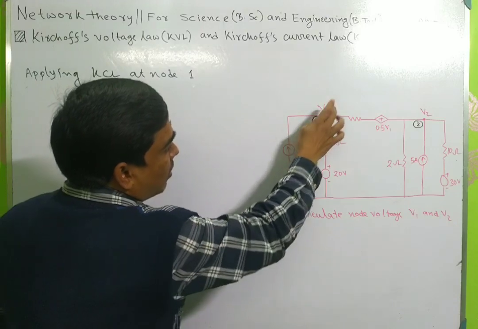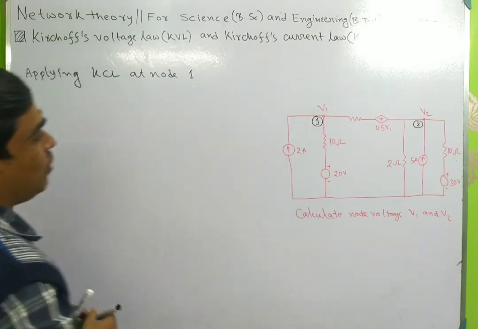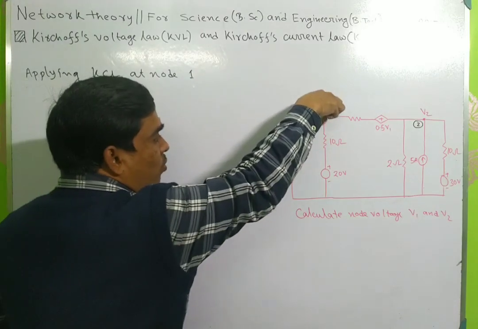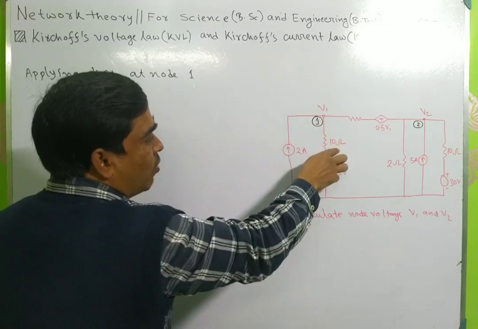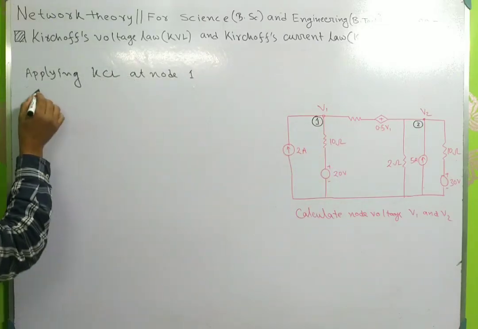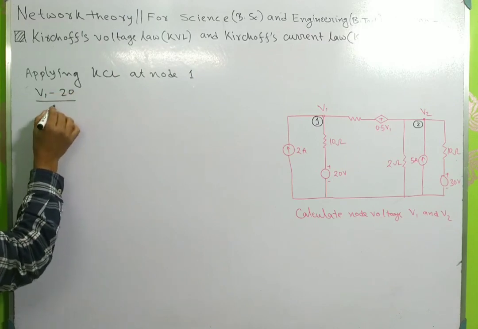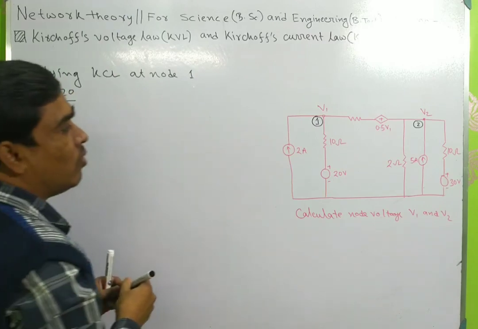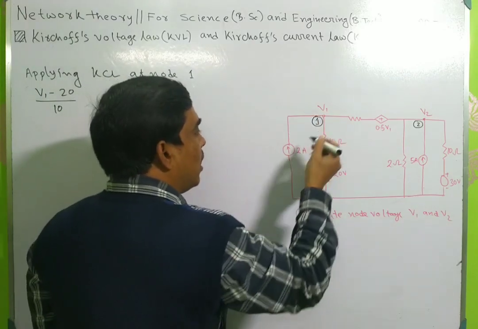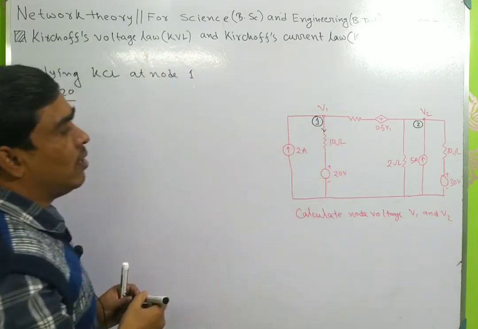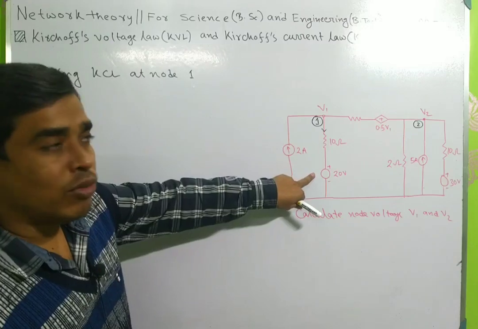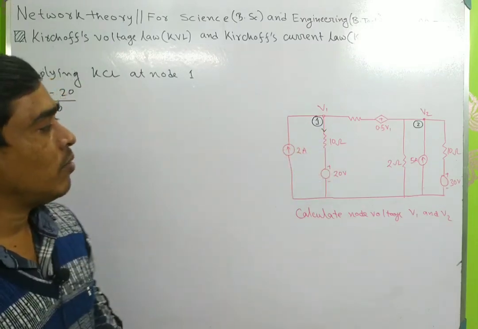So from this node we can say that current through this 10 ohm branch will be V1 minus 20 divided by 10. Okay, so current through this junction is V1 minus 20 divided by 10 ohms.